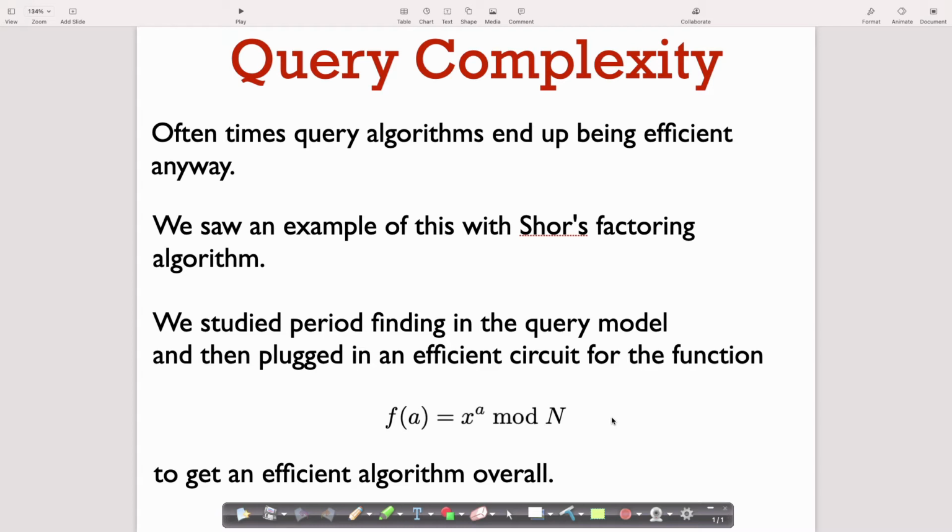Okay, so then just plugging in that efficient circuit for the oracle actually gave us an efficient algorithm overall. Because the other main operation that we were doing was the quantum Fourier transform, and we already saw that that can be done efficiently by a quantum circuit.